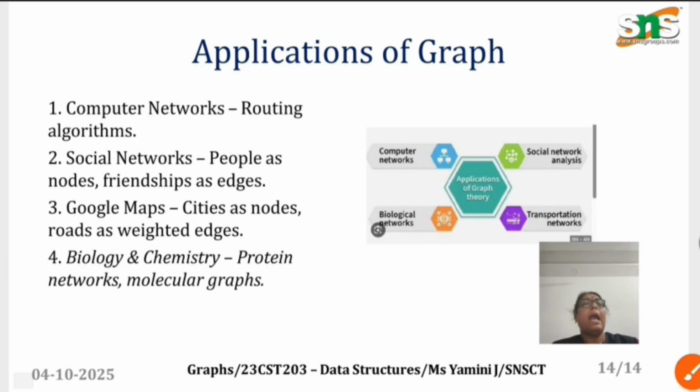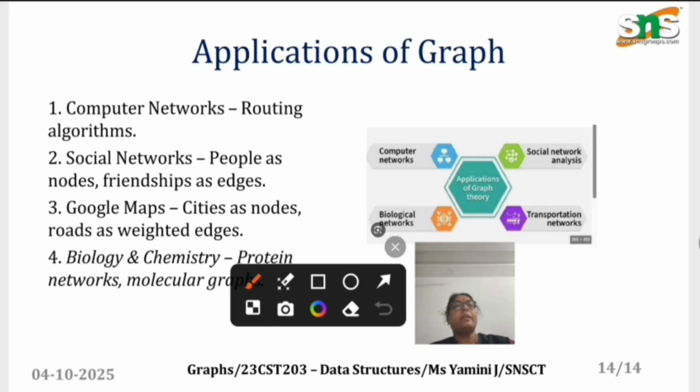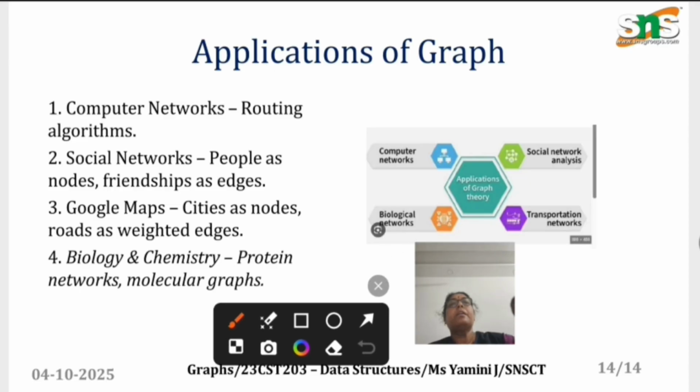Next one, applications of graph. Graphs are everywhere in computer networking. They are used in routing algorithms.